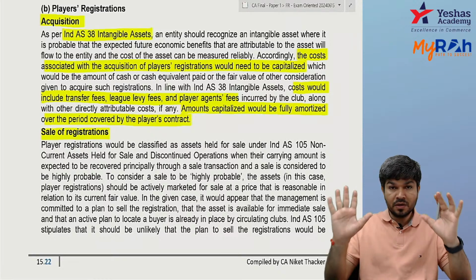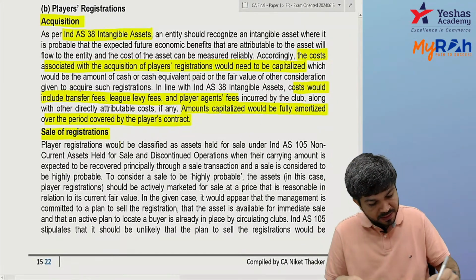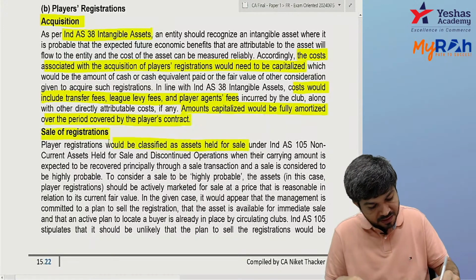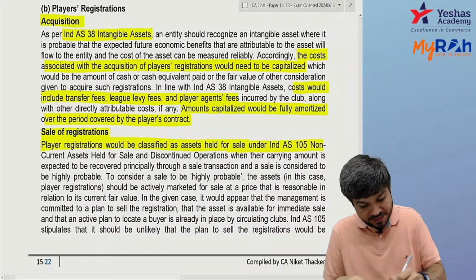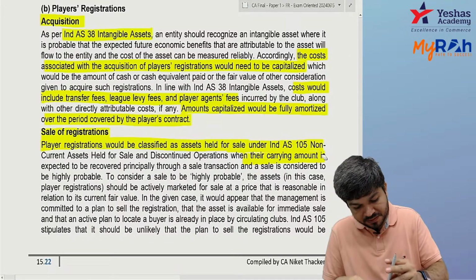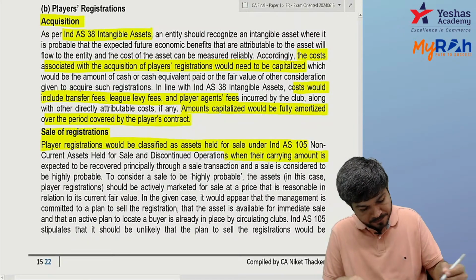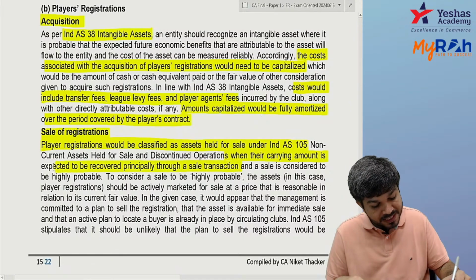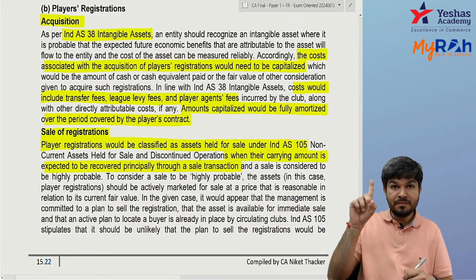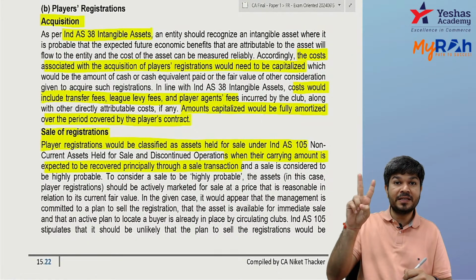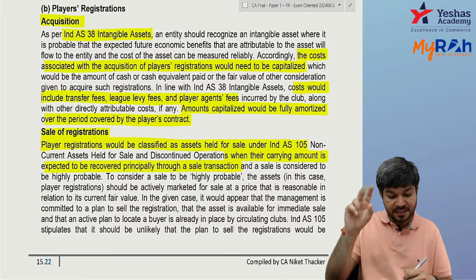Player registration will be classified as held for sale under 105 when their carrying amount is to be recovered principally through sale. For this it should be available for immediate sale and the sale is highly probable. Two criteria: available for immediate sale, sale is highly probable.